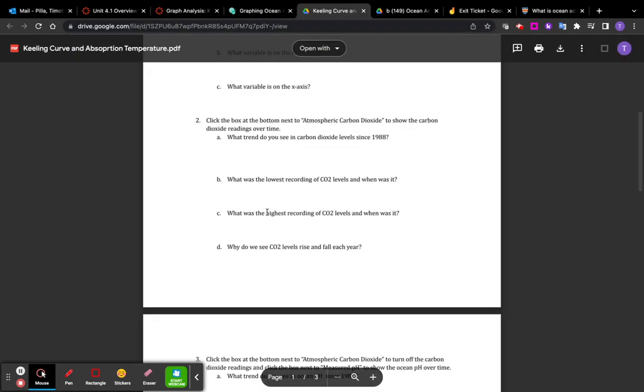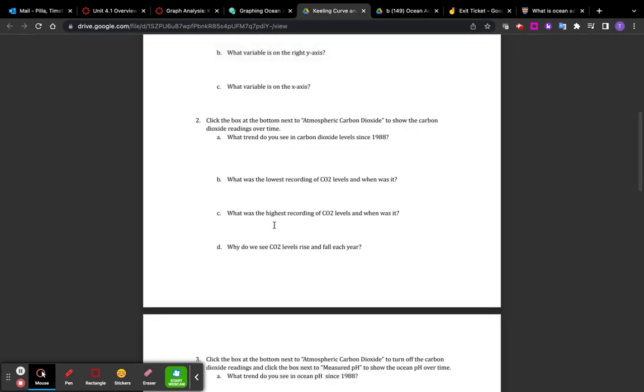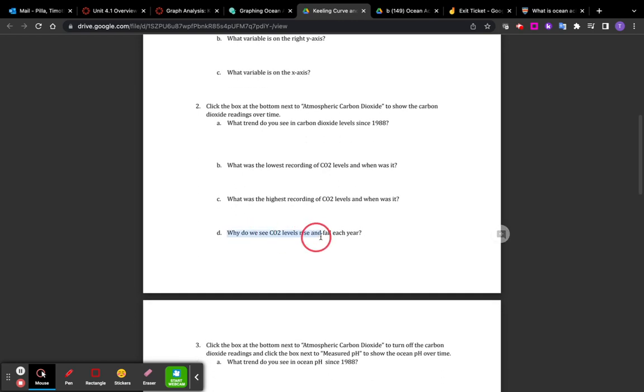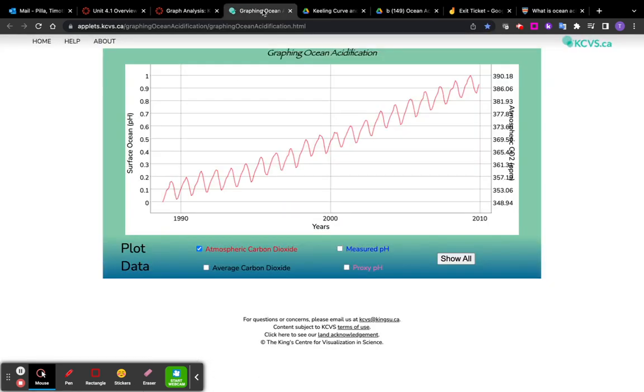And essentially, you're just going to use your brain and analyze the graph and see what happens. Now, this question, when I say, why does it rise and fall each year? What I mean is, look, here in 1989, keep your eye on this up here while I click over here. 1989, it says that on October 15th, we have low. And then that same year, 1989, now it's May, it's higher.